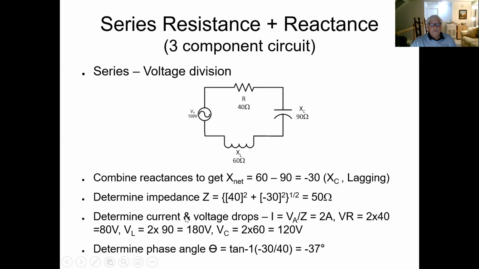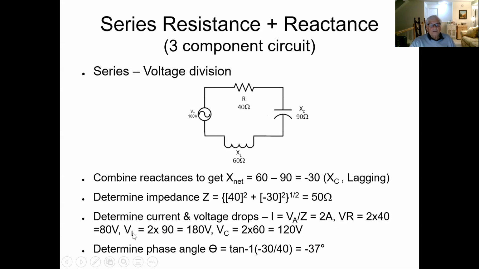So determine current and voltage drops. Current is equal to the VA divided by Z, 2 amps. The voltage across the resistor is 2 times 40, 80 volts. Across the inductor is 2 times, sorry. All right, I have this backwards.